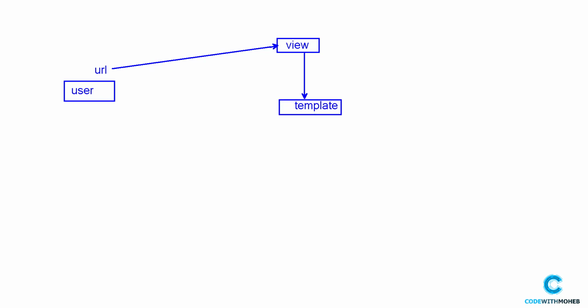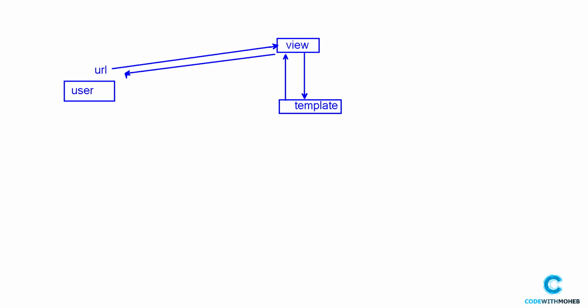So the template will be rendered, and what the user asked for will be sent back to the view, and the view will send it to the user. So this is the scenario where we are involved with using only a template inside our application.